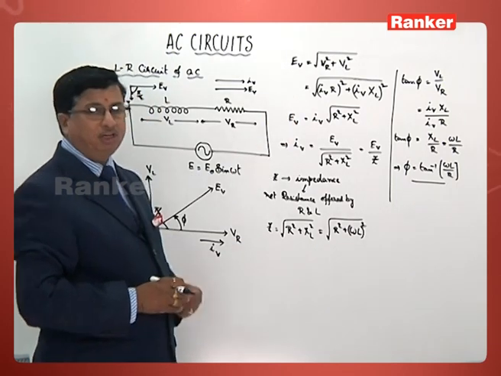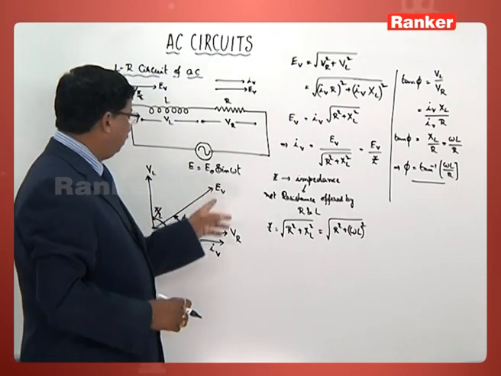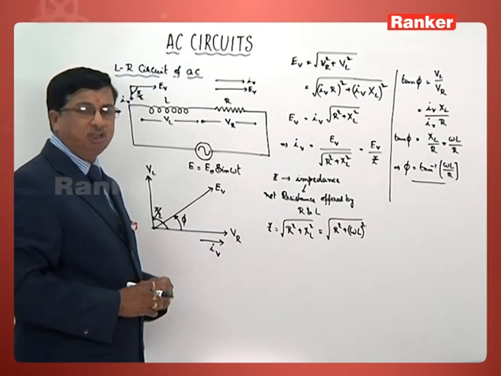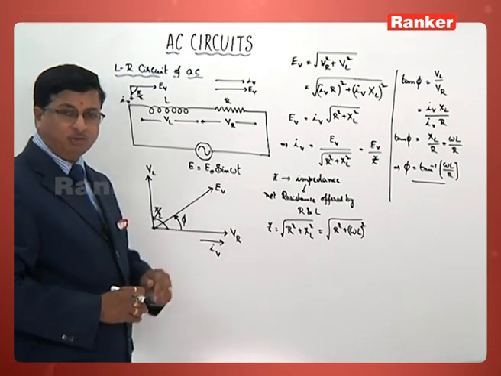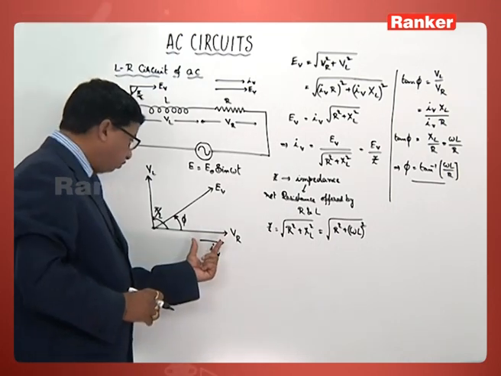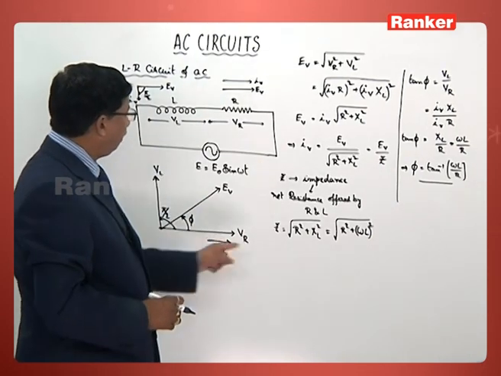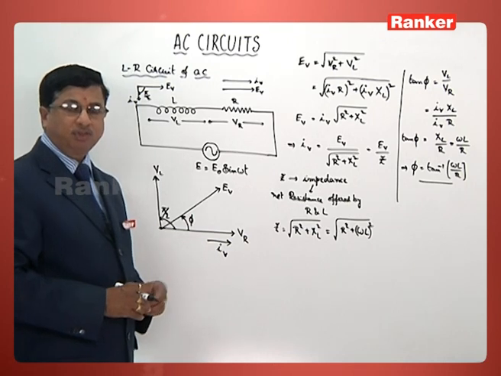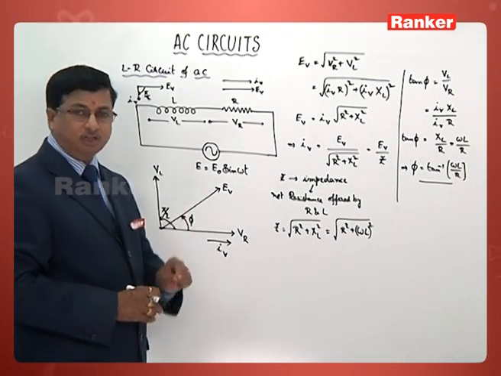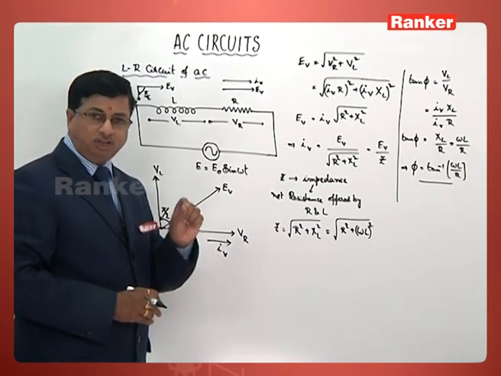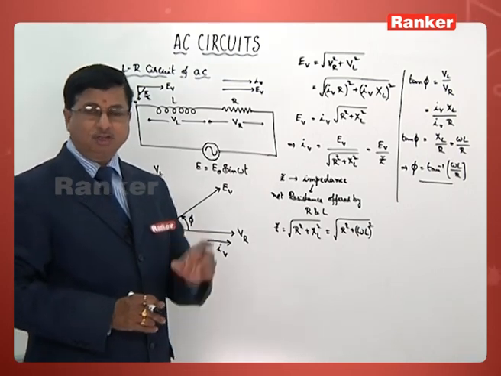Finally, we need to know the angle made by the virtual value of EMF with respect to the direction of VR. These areas one should be thorough with as far as the LR circuit, which of course is a series AC circuit, is concerned.